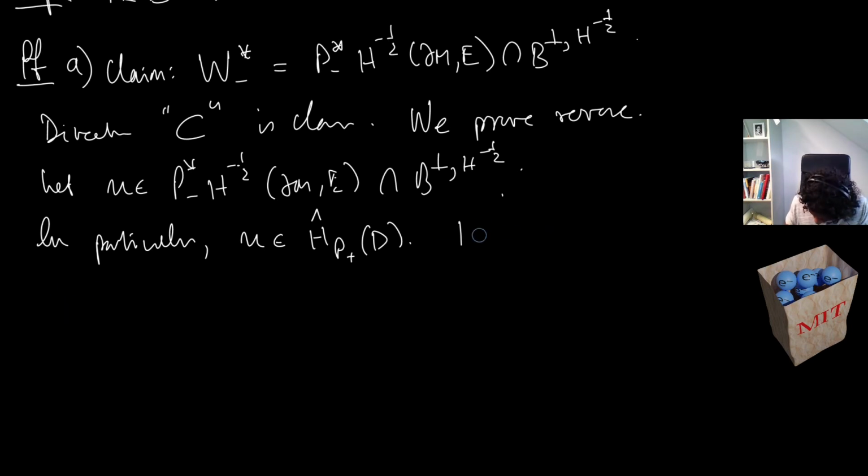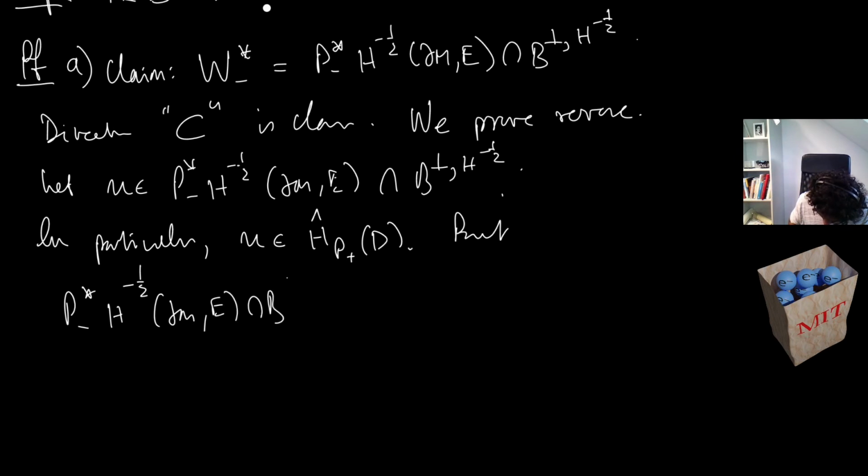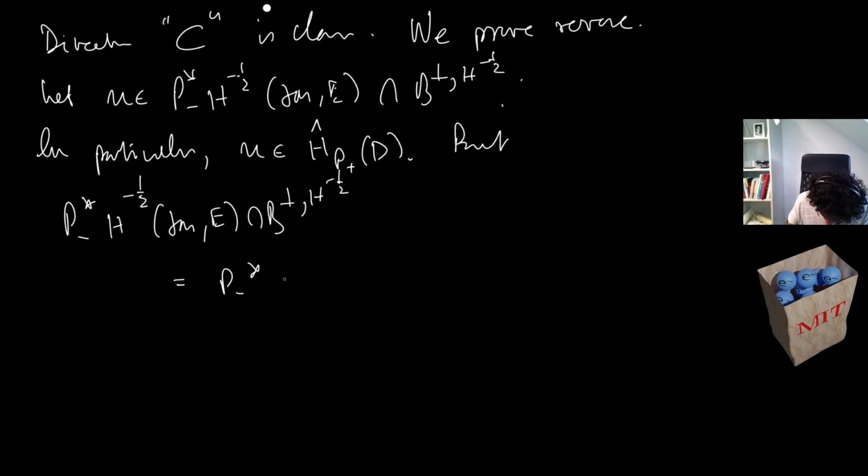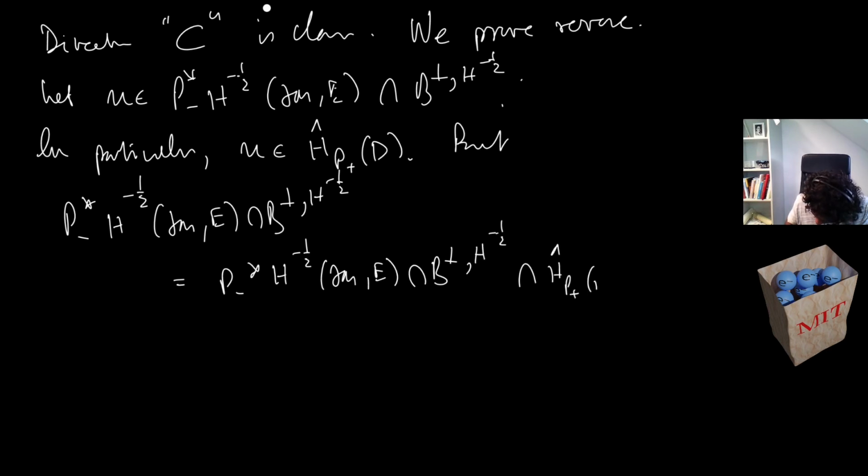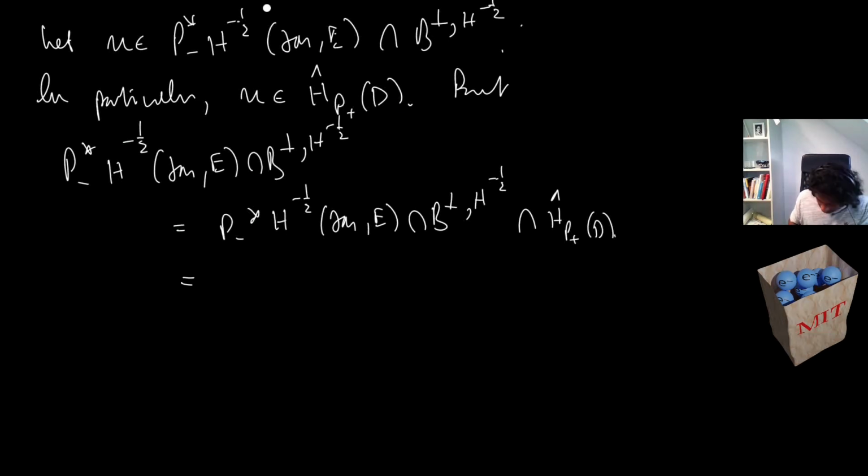Okay, so I'll say that. But P minus a star H minus a half partial ME intersect B H minus a half is then equal to P minus star H minus a half partial ME intersect B H minus a half intersect H hat P plus of D. But then this is the annihilator now of B in the check space, right?